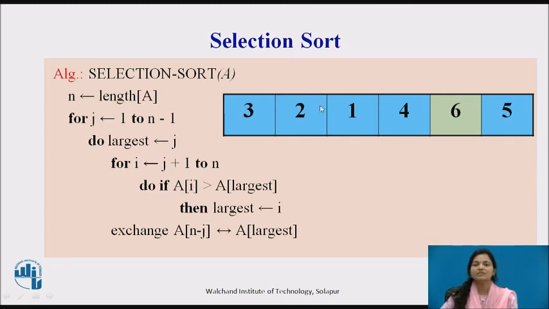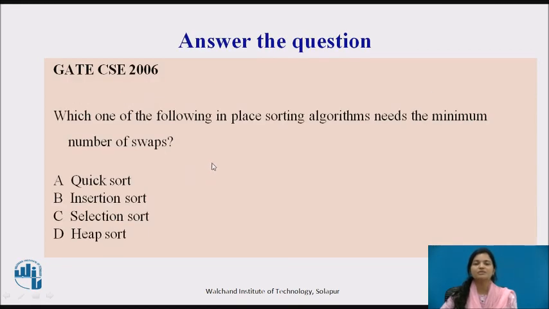Here n minus j, the first time it will be here, so it will be the largest value. Then next it will run, at that time j will be 2, then n minus 2, here it will be at this position, and the second largest will be there, and we will be placing them all. So this is the algorithm of selection sort.